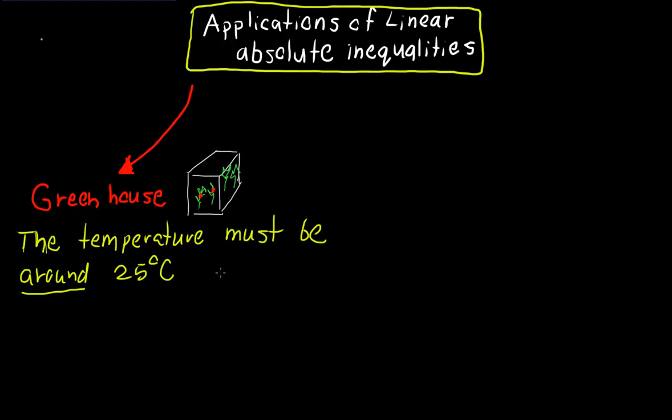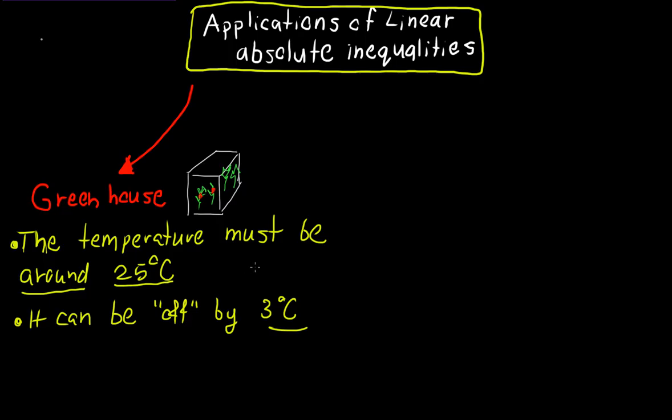And then we're also going to ask how much. So this is the first point, and it can be off, let's say by 3 degrees. So we have 3 degrees and 25 degrees.